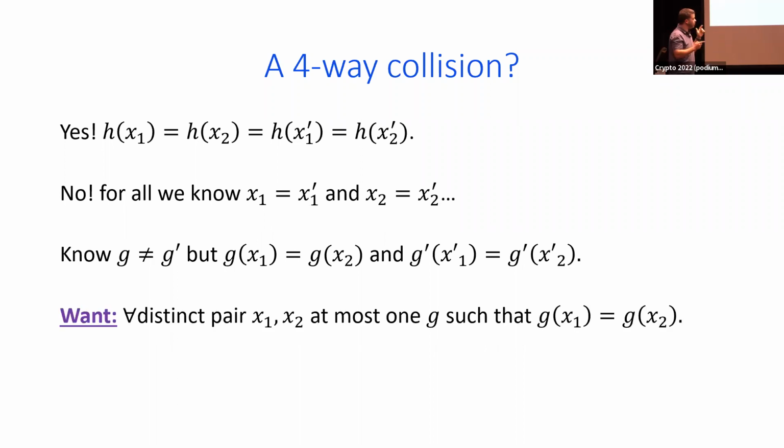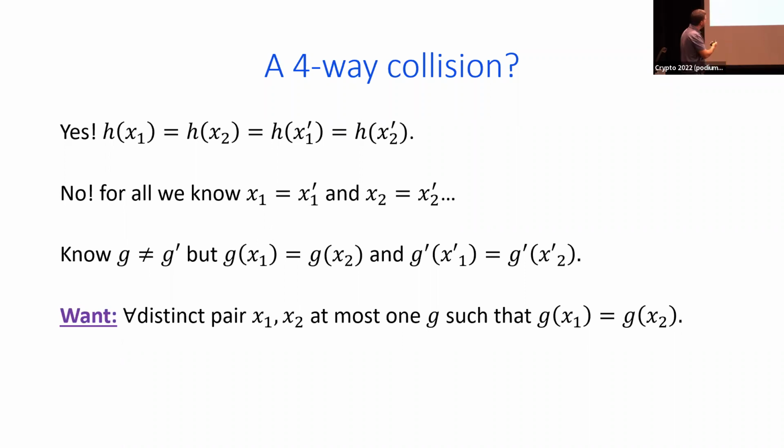What if we could design our function class G so that for every distinct pair X1, X2 versus X1 prime, X2 prime, there is at most one function G so that they form a collision, so that X1 and X2 are a collision under G? If we could have this property, then we could never have the case that we're worried about. So the functions G would guarantee this. We just need to design G to have this property.